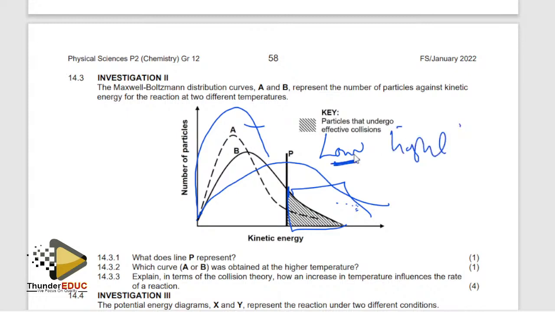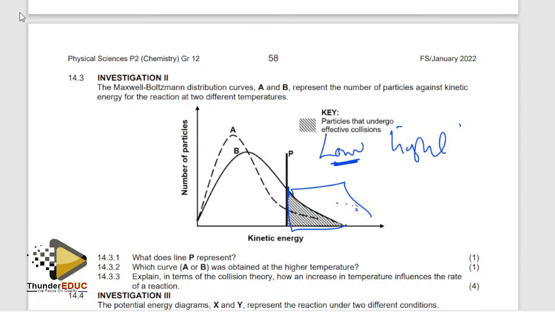When you increase the temperature, the number of particles with sufficient energy will increase, meaning that an increase in temperature increases the number of particles having a higher kinetic energy. You understand?